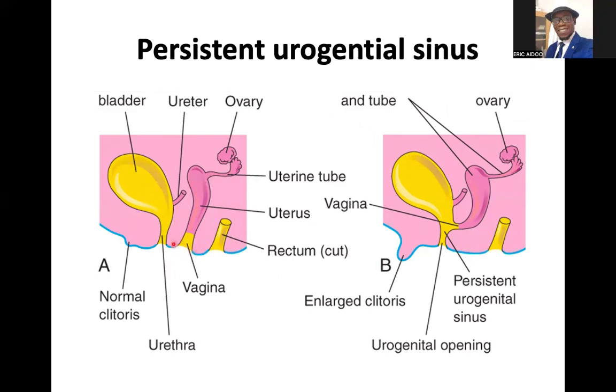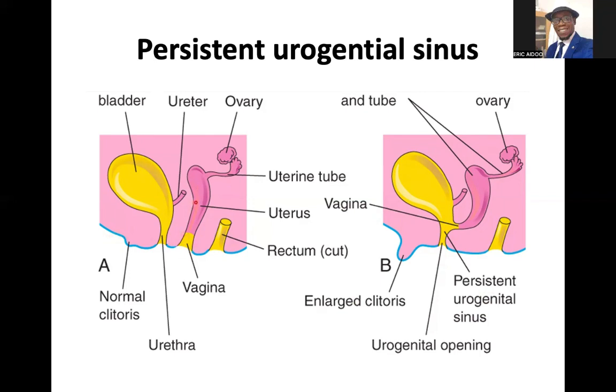And because the urogenital sinus also is connected to the reproductive system in a way where you form vagina and all that, sometimes it can be connected as you have here. So you have persistent urogenital sinus, that's the vaginal canal opening into that of the bladder. That is not too good.